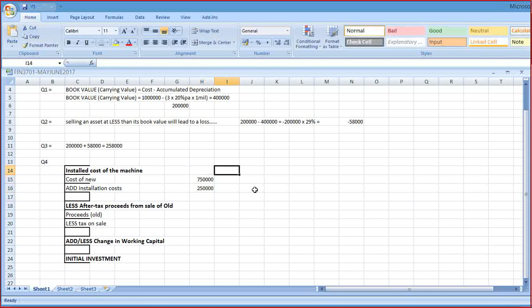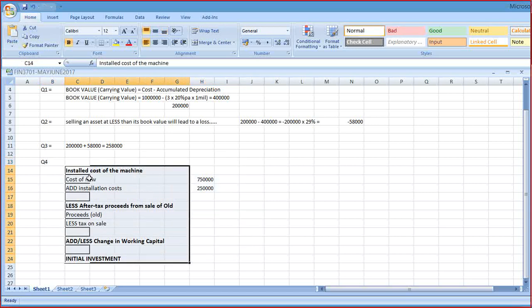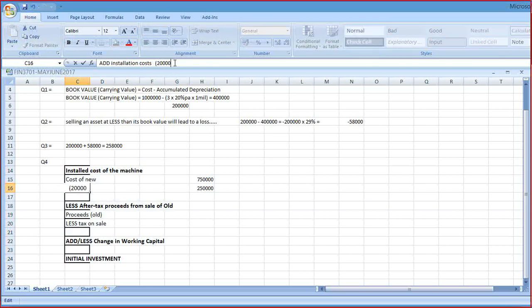So this is how I would structure it if this was a written question. Yes, it's multiple choice, so if you wanted to, you can just do this on the calculator, but if this was a written question, you would have to write this down and fill in line by line if you want all the marks. If it was written, I would even show workings as well, so the examiner can see what I'm adding here.